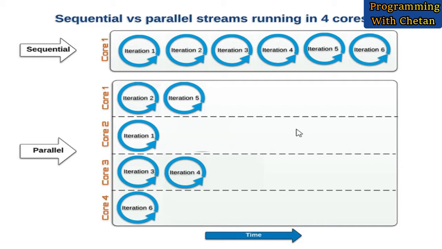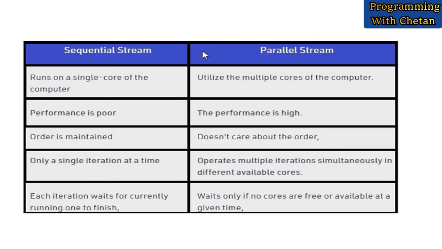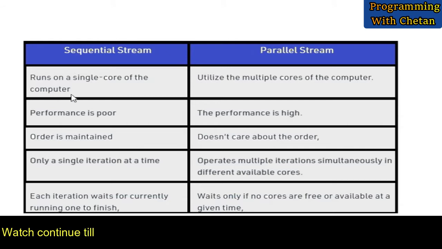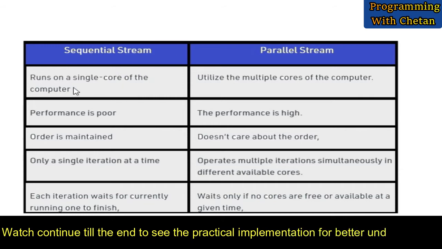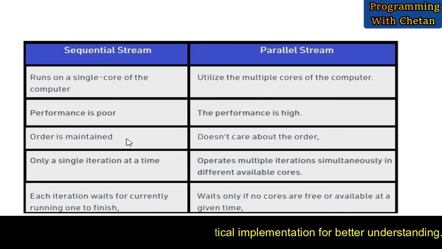Now let us discuss some more differences between sequential and parallel streams. A sequential stream, as we have already discussed, runs only on a single core of our system or computer, and a parallel stream makes the best use of a multi-core system. When it comes to performance, a parallel stream has higher performance in comparison to a sequential stream. And why is this happening? Because multiple iterations happen at a time. Next one is order.